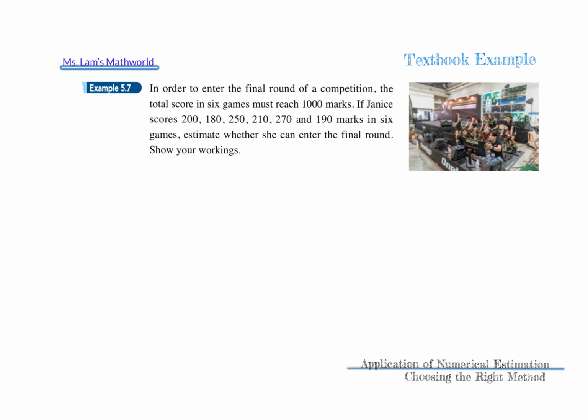Here is the question. So now you get an application of having the competition. The total score in the 6th game must reach 1,000 marks to enter the final round. So that means the keyword, the target number, is 1,000.